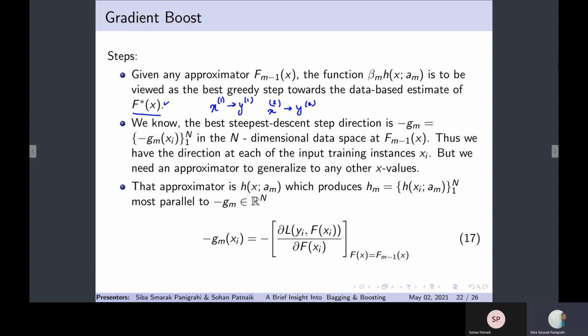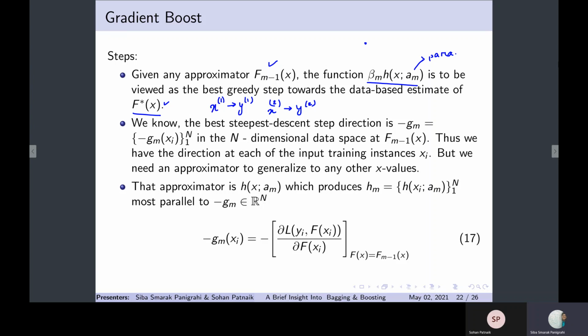Now at any point, let's say f m minus 1 x is an approximator. Then we look at beta m h x over parameters a m, which is the best greedy step. The framework remains the same. We have a given learner or approximator, and we want to find the next best approximator. So we are going to take the best greedy step towards it.